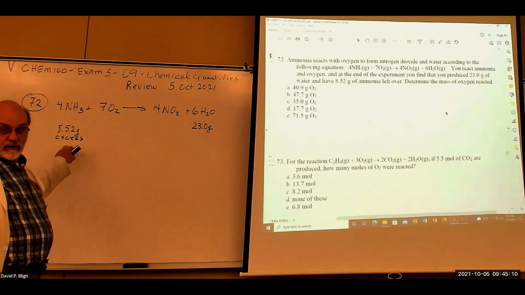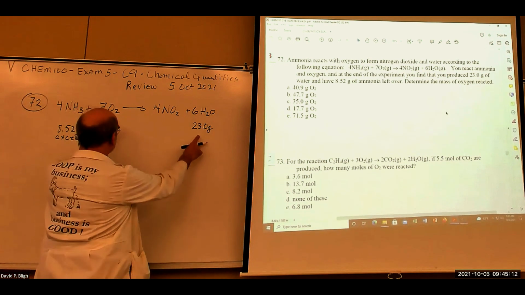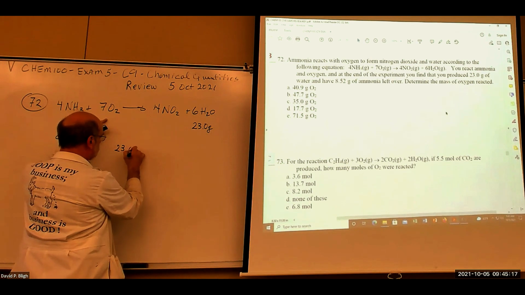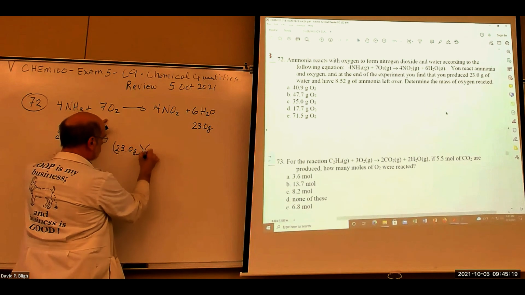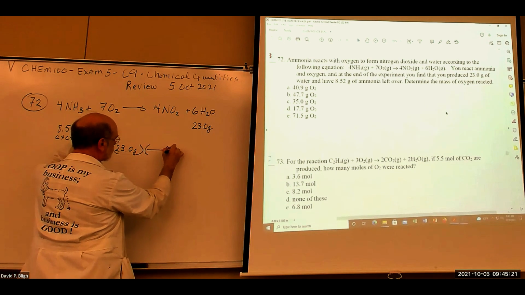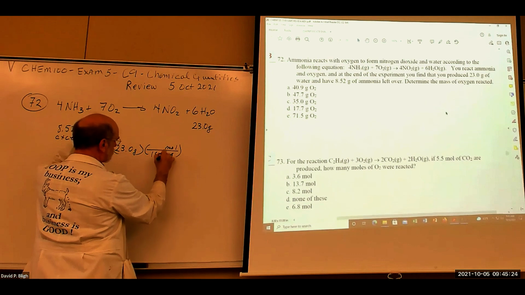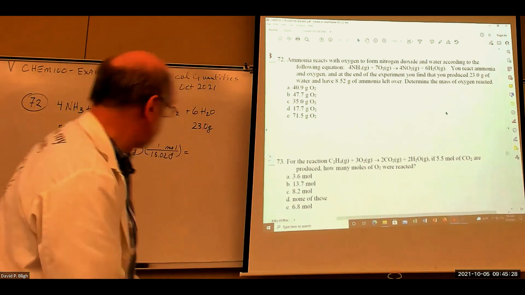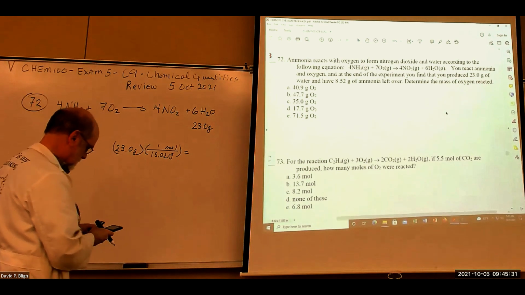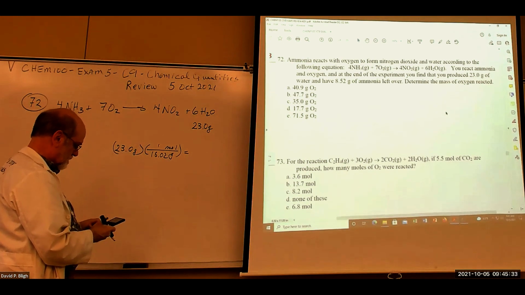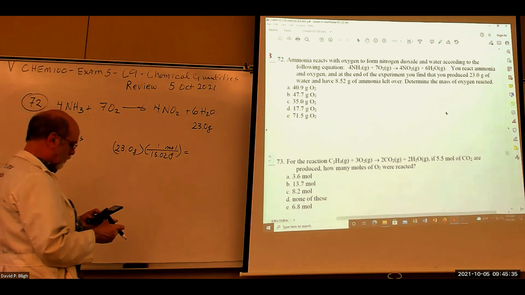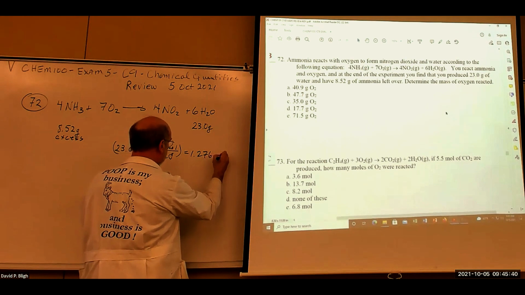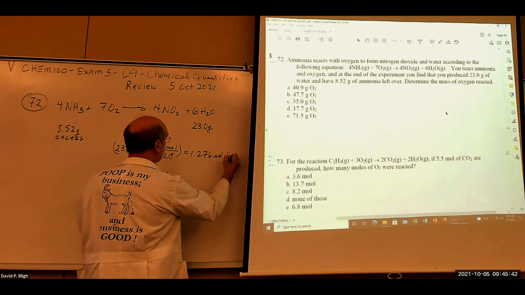We actually don't need that. If we're going to go from here to here, all we need is to convert 23 grams of water to moles, like that. And that's 1.276 moles of water.